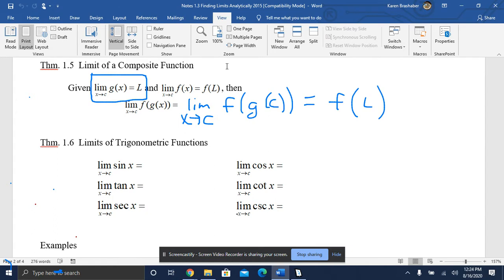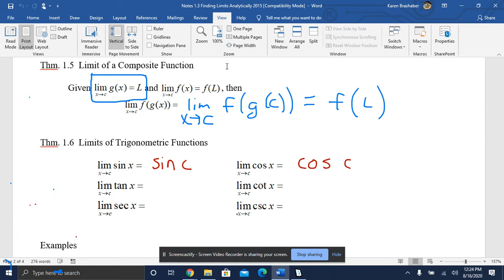And then for your trig functions, it's just a matter of substituting in the c everywhere there's an x. So for sine of x, the limit as x approaches c for the sine of x would be the sine of c. The limit as x approaches c of the cosine of x would be the cosine of c.